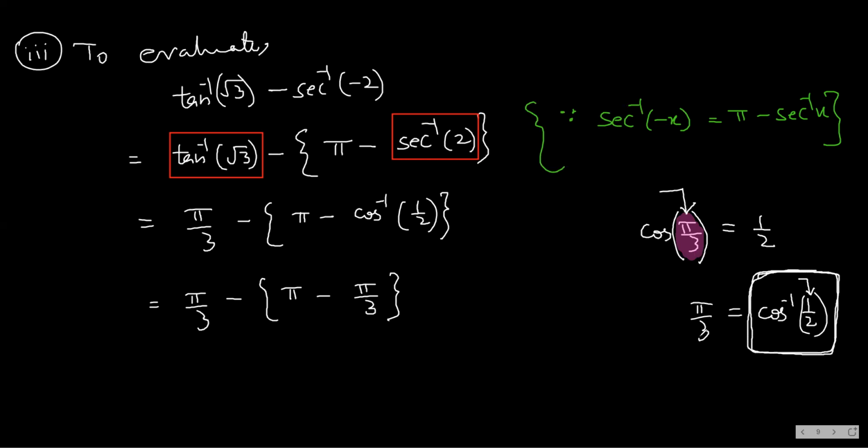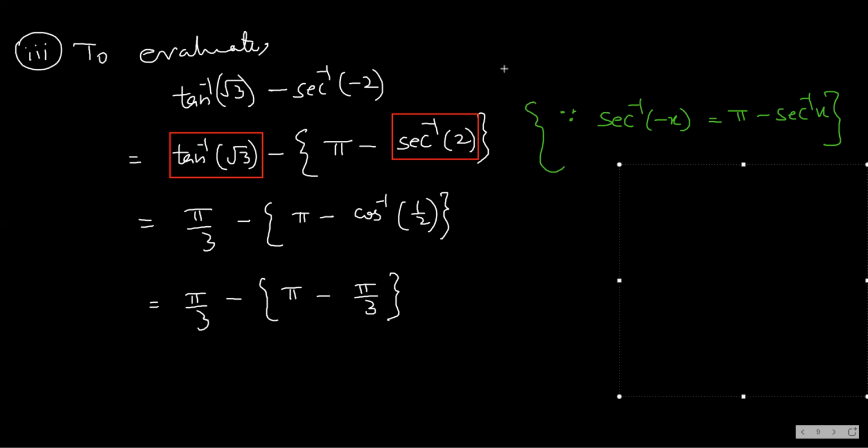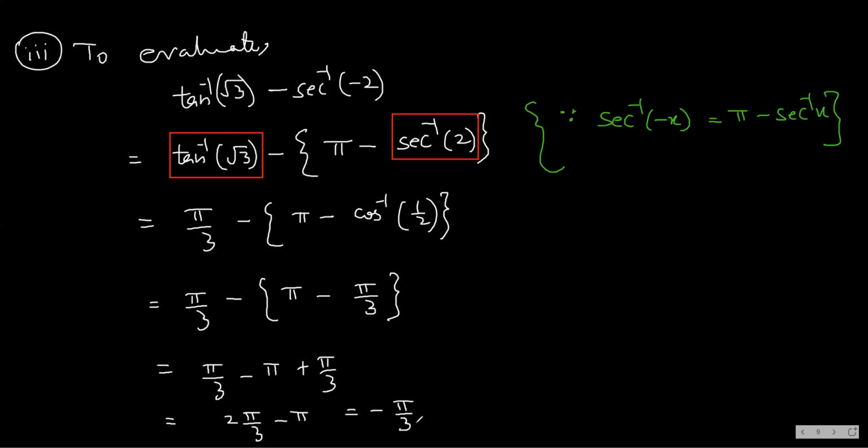So cos inverse of 1 by 2 is pi by 3. Now you open this and you will get pi by 3 minus pi plus pi by 3. That is equal to 2 pi by 3 minus pi, which is equal to minus pi by 3. So you will get the answer as minus pi by 3.